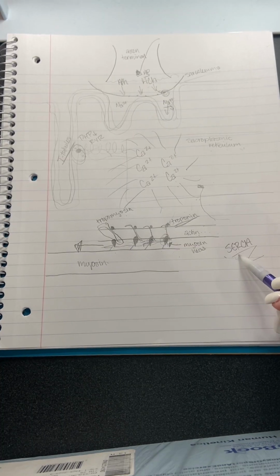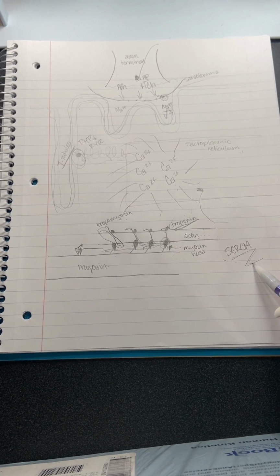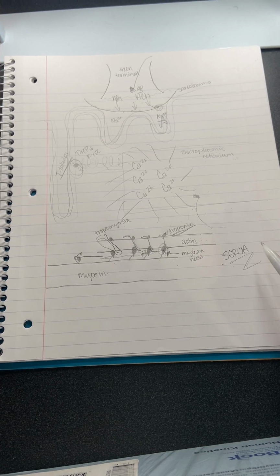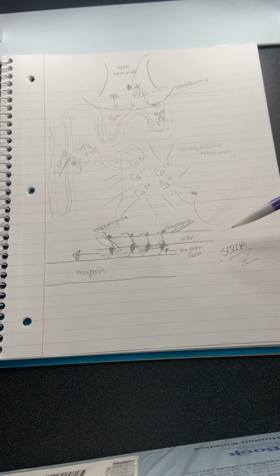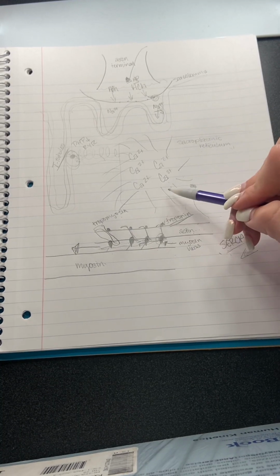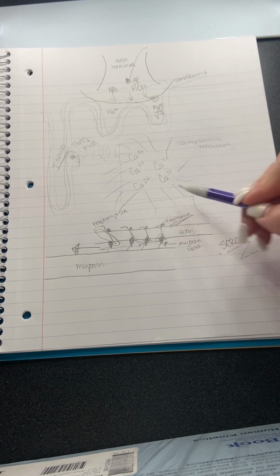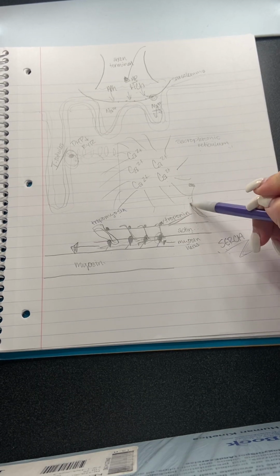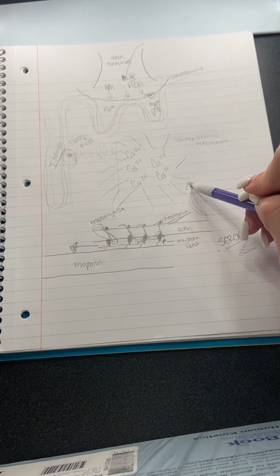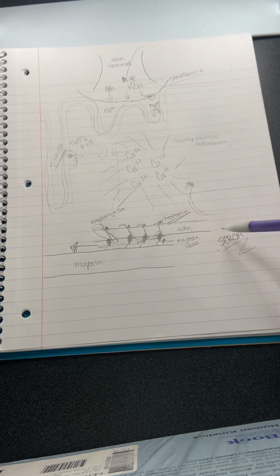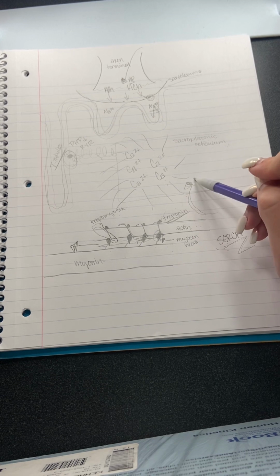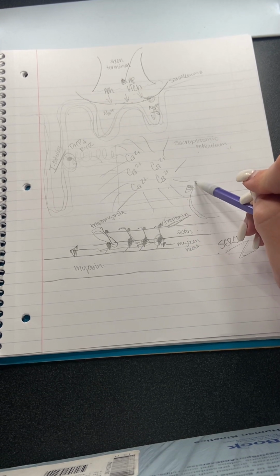So we do this by the SERCA, which is also called the sarcoendoplasmic reticulum calcium ATPase. So this happens by ATP hydrolysis. So the calcium is going to be moved back into the sarcoplasmic reticulum, which is not really normal. So we need the ATP to move it against the concentration gradient back into this SR.